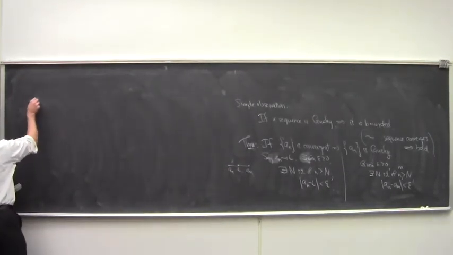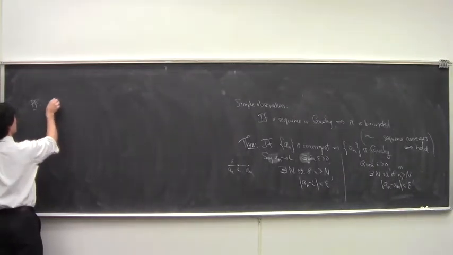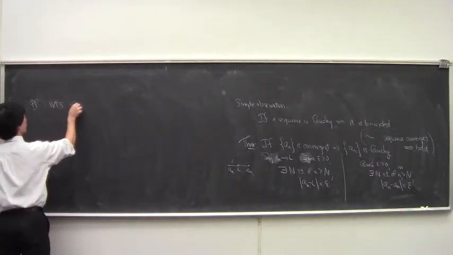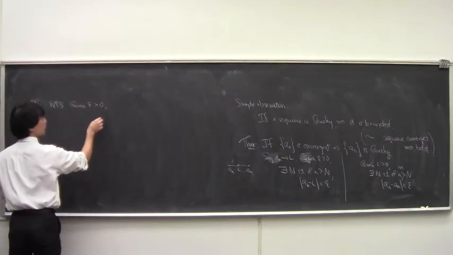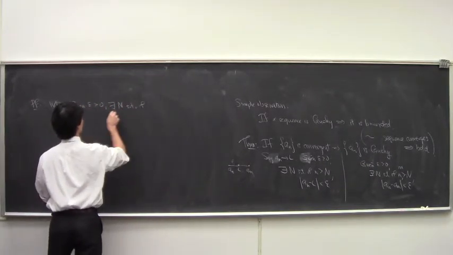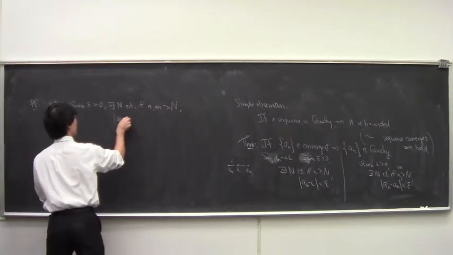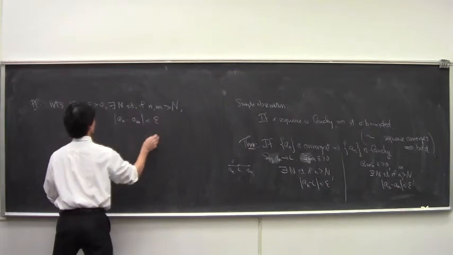So here's the proof. We want to show that given epsilon bigger than 0, there exists an N such that if n and m exceed N, the distance from a_n to a_m is less than epsilon.